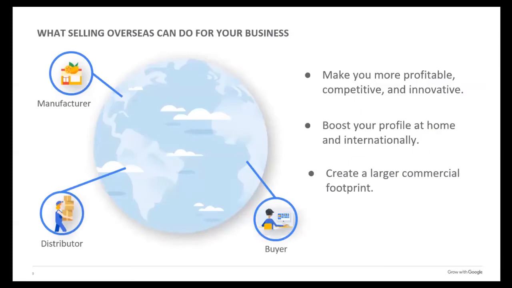So the message here is that it no longer takes years for a business to go global. Even if you're a really small company in an unusual sector, don't be discouraged. 2 out of 5 companies with fewer than 10 employees are already doing business in at least one high-growth market internationally.